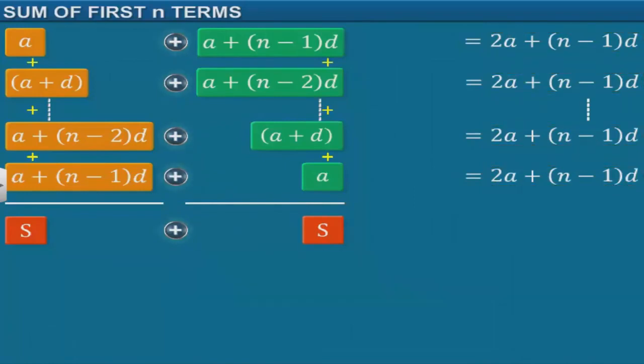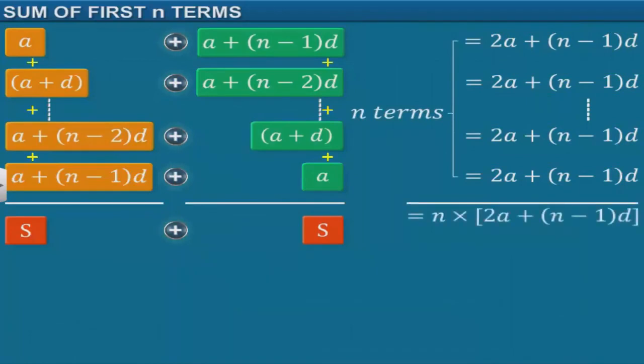As we are adding the two APs, the sum of n terms will be doubled, that is, it becomes 2s. So to get s, that is the sum of n terms of an AP, you have to divide the equation by 2. Thus, you get the formula for s. S equals n divided by 2 multiplied by 2a plus n minus 1 multiplied by d.